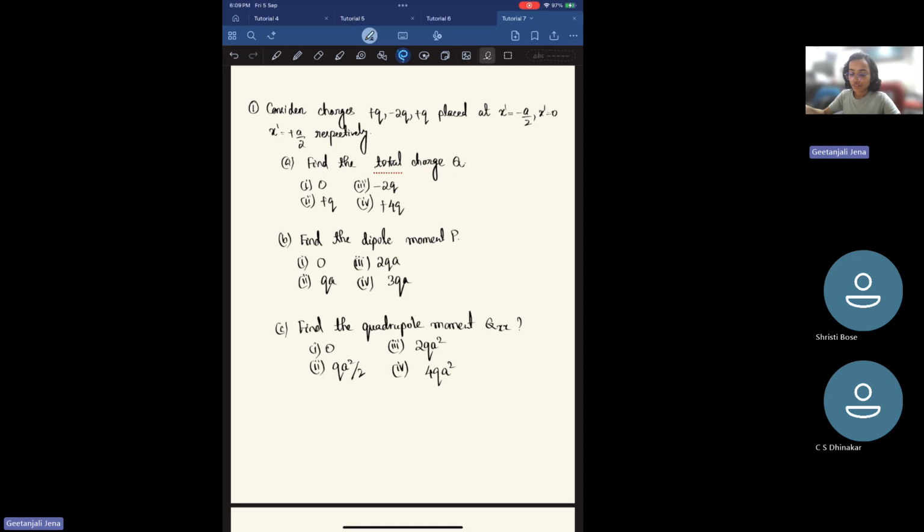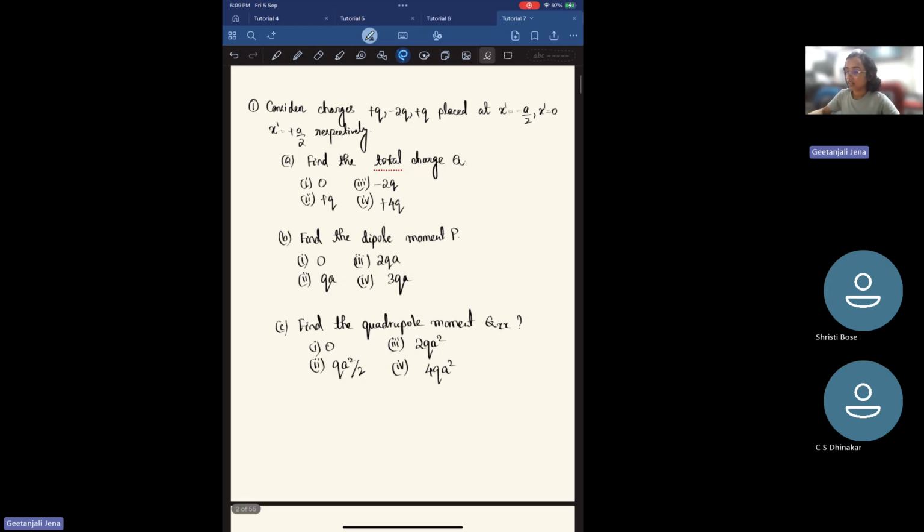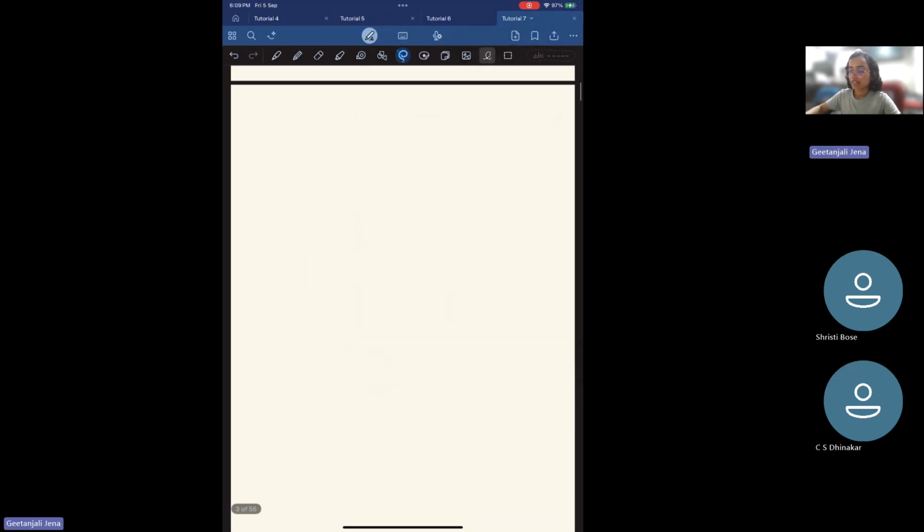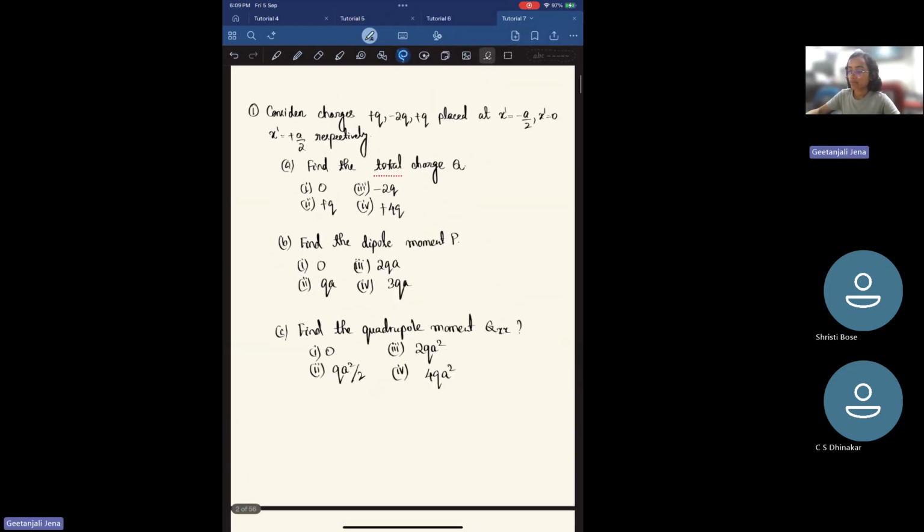So first problem: there are charges Q, minus 2Q, plus Q placed along the x direction. One is at x prime equals minus a by 2, one is at the origin, and the third one is at plus a by 2.